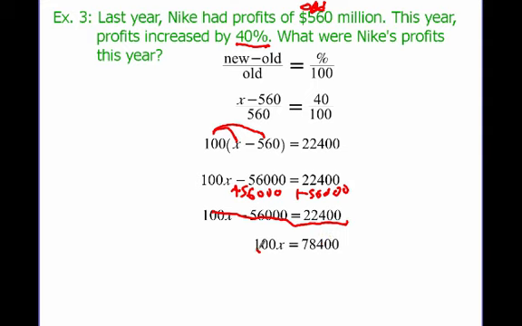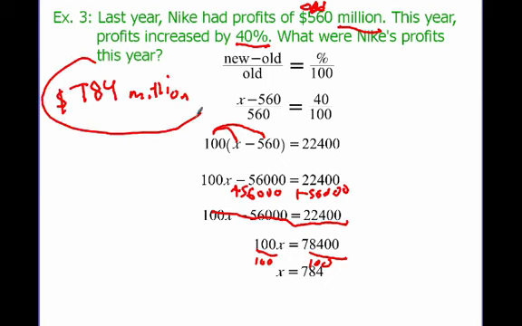Divide both sides by 100. I get an answer of 784. Now remember, this was in terms of millions, so my answer is $784 million. So Nike's profits for this year were $784 million. All I did was plug what I knew into this equation and solve for the one value that I didn't.